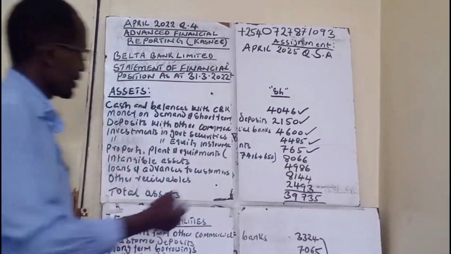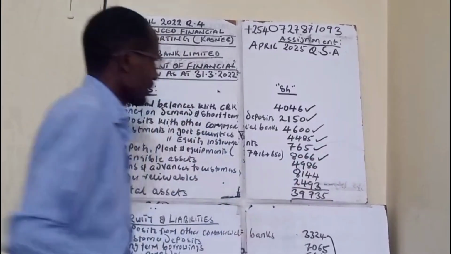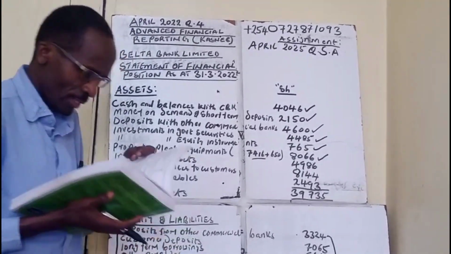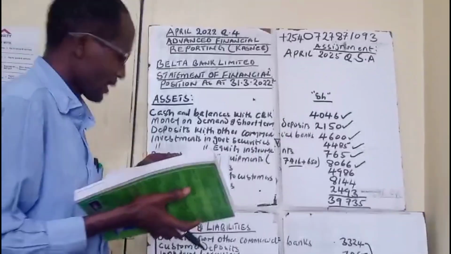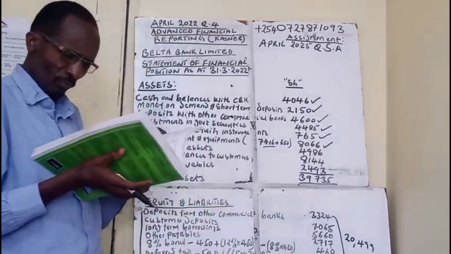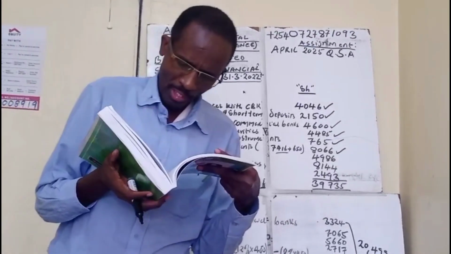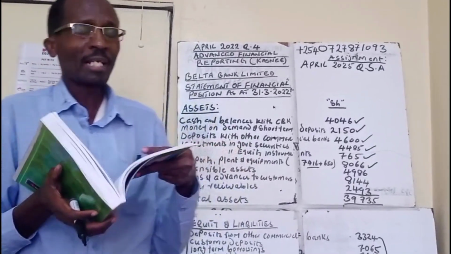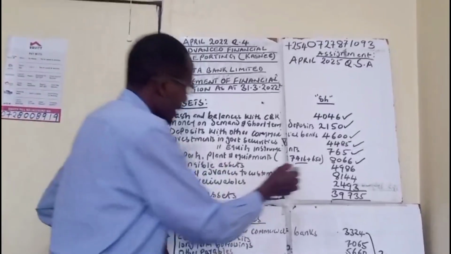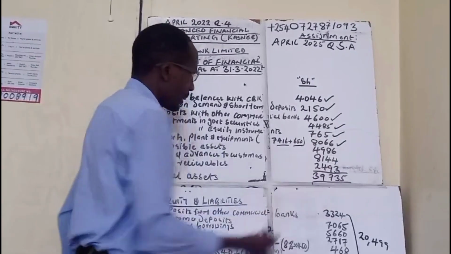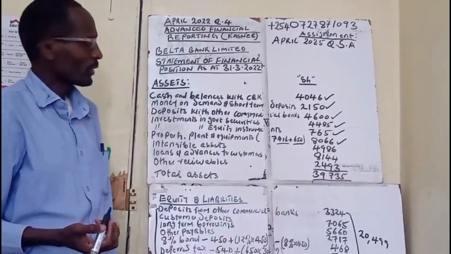Property, plant and equipment, we got 866, because if you look at the extracted financial records of Delta Bank, you find that PPE is 7416, but from the additional information, number 2, there is revaluation of PPE from 1850 to 2500. So the revaluation gain is what we entered here, 650. So the PPE figure is 866. That is how we got 866.